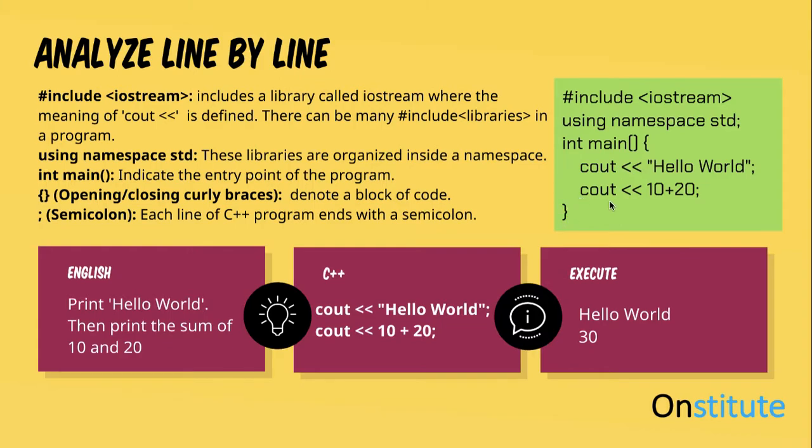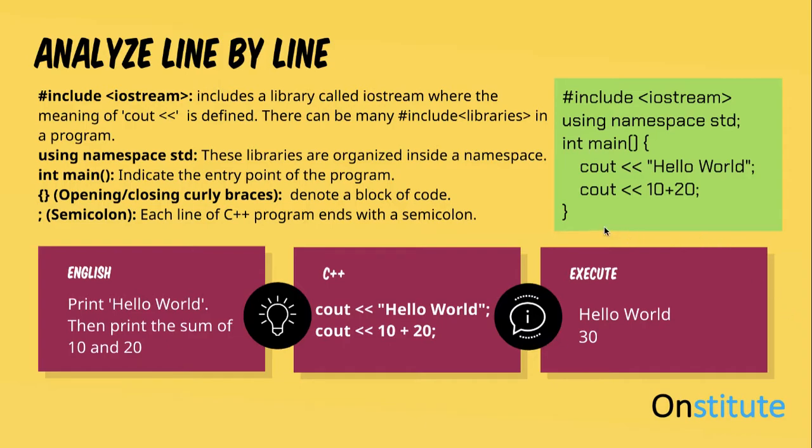The set of instructions enclosed inside the opening and closing curly braces is called a block of code altogether. Each instruction of a C++ program always ends with a semicolon. This is just like how all English sentences end with a full stop.